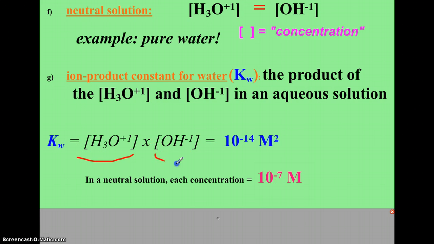The concentration of hydroxide is 10 to the -7. Molarity. Molar. So when we put them together, 10 to the -7 times 10 to the -7, that's how we get the 10 to the negative 14. And so this again happens in every neutral solution like water. It's the ion product constant for water.